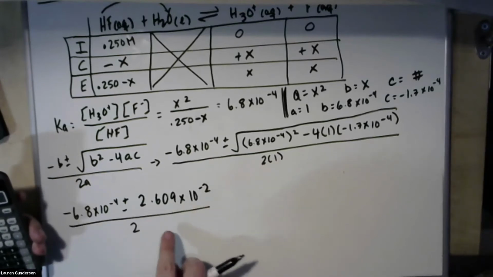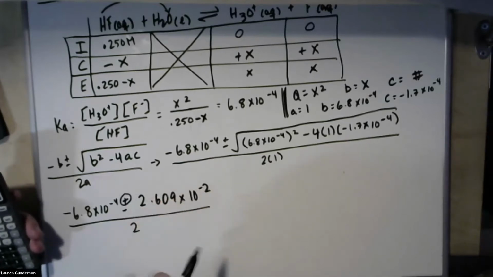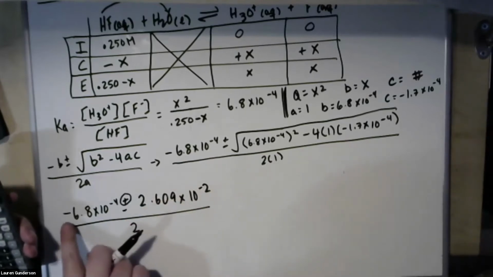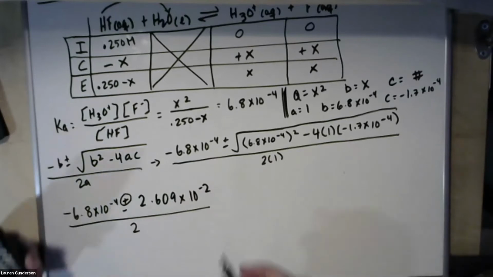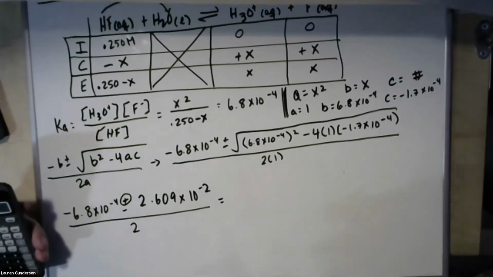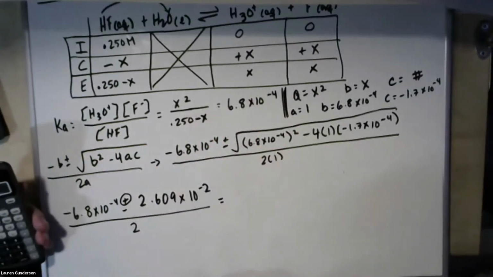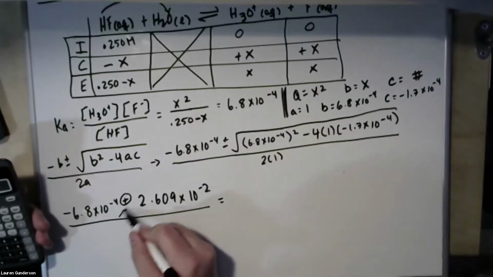Okay, so I'm only going to solve for the plus here because if I solve for the minus, I'm going to have a negative x value, and we can't have negative concentration values. So we're going to kind of ignore this one.